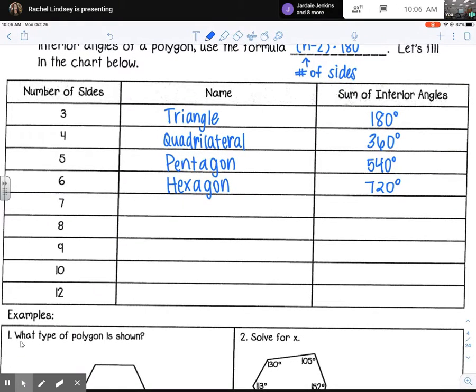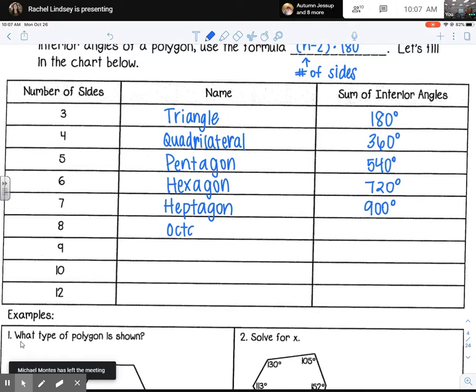Does anybody know what a seven-sided figure is? Starts with H. Heptagon. So 7 minus 2 is 5. What's 5 times 180? 900. What's the eight-sided figure called?